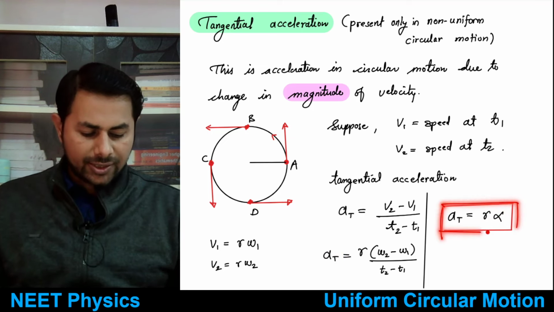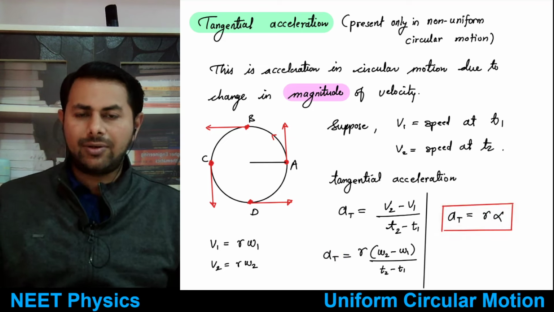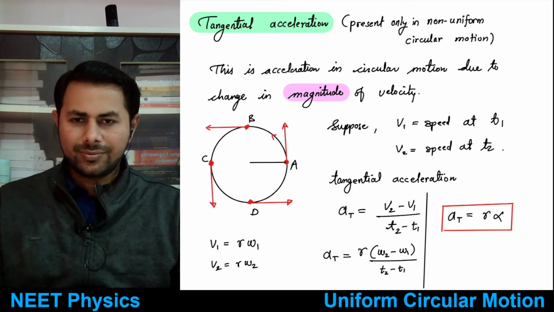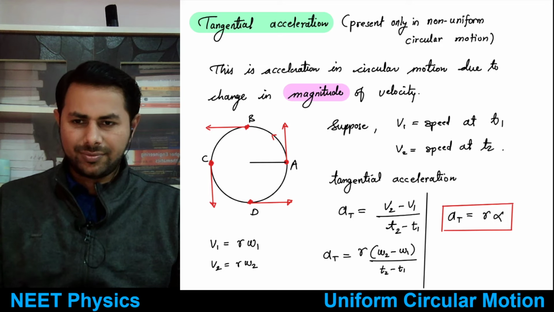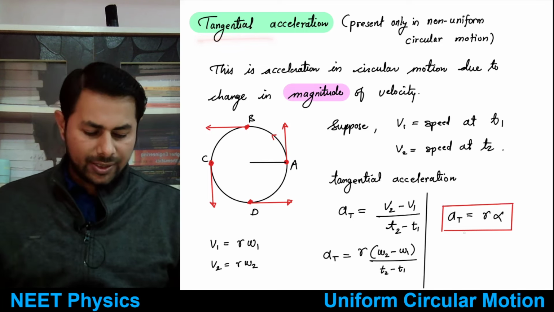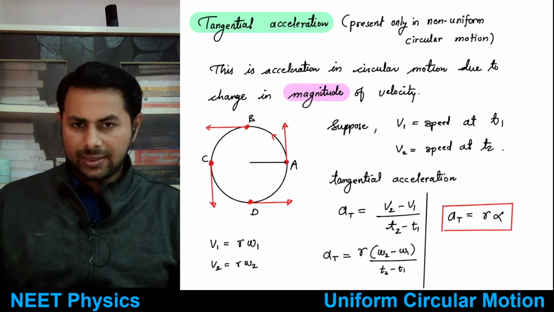This thing is clear, everyone? Right, tangential acceleration is r times angular acceleration.